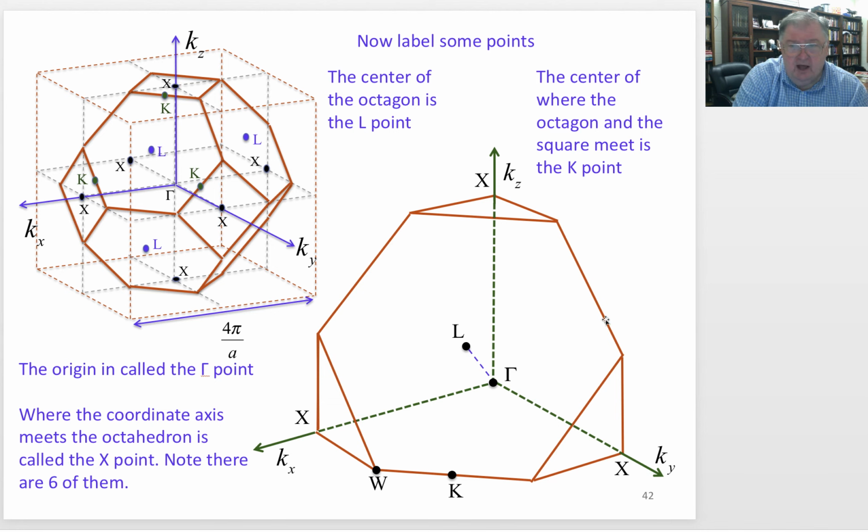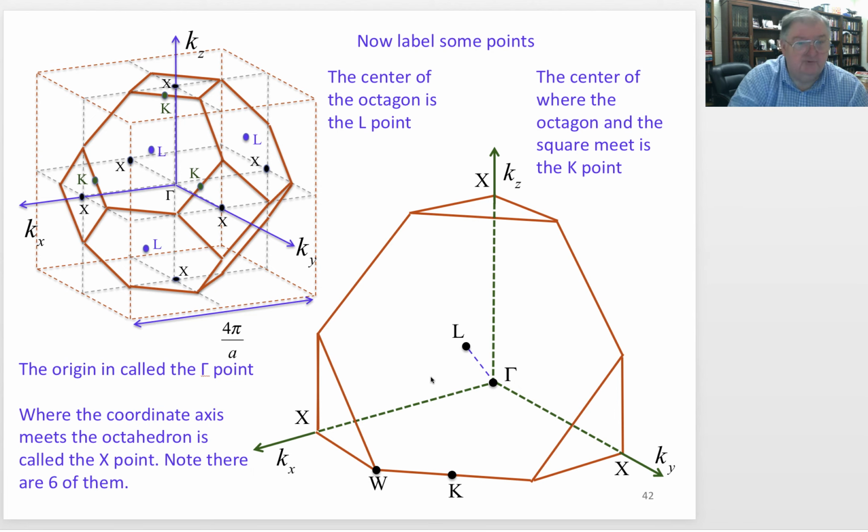On our octant diagram, then, this is an X point, this is an X point, this is an X point. If you were to go from the origin right up the diagonal to the center of the hexagon here, that point right in the middle, that's called an L point. So this is an L point, this is an L point, this is an L point, here it is here. This is an L point.